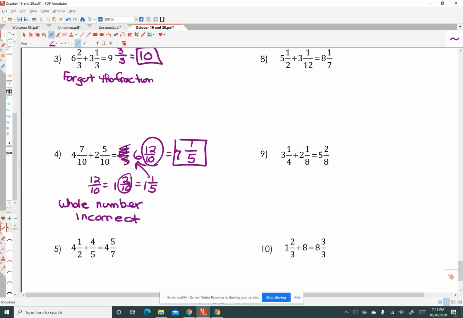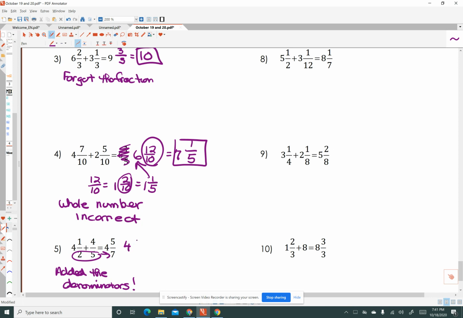Let's look at number 5. 4 and 1/2 plus 4 and 4/5 equals 4 and 5/7. They added the numerators, but it looks like they added the denominators. And that is incorrect. That's not right. So what should that be? So our new denominator should be tenths, because tenths is the least common multiple of 2 and 5.